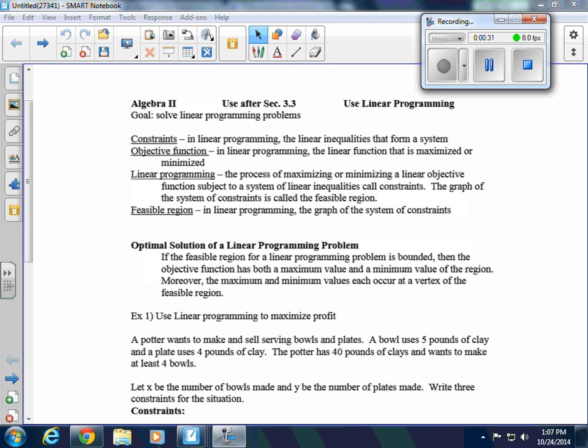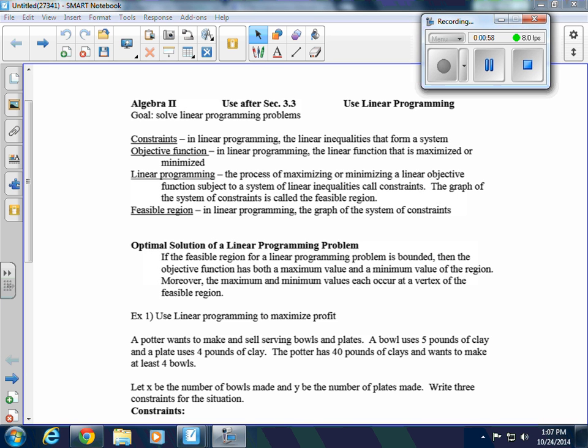So a few definitions first. Constraints, in linear programming, are the linear inequalities that form a system. Those are going to be the lines, or the inequalities, that we are graphing. The objective function in linear programming is the linear function that is either maximized or minimized. They're going to ask us to find a maximum amount of money or a minimum amount of money or something like that, so the objective function is going to tell us what we're using for that.